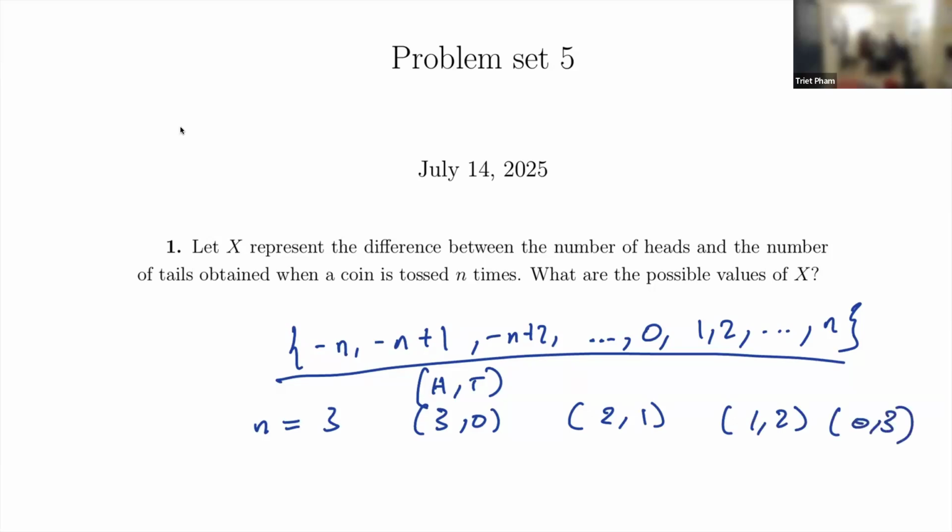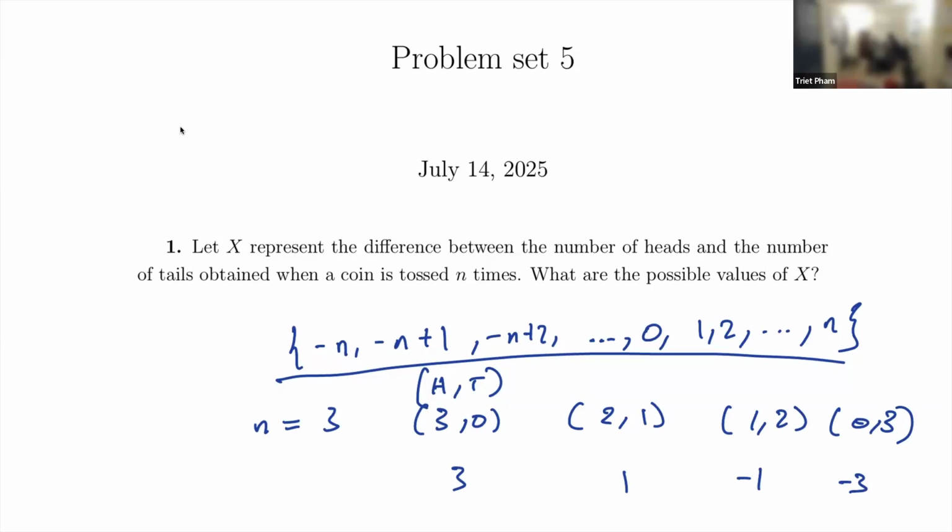Those are the only possibilities, correct? And so what are these? 3, 1, minus 1, minus 3.